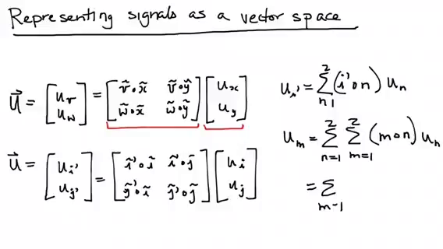Sum from m equals 1 to 2 times the sum from n equals 1 to 2 of m dot n u sub n.